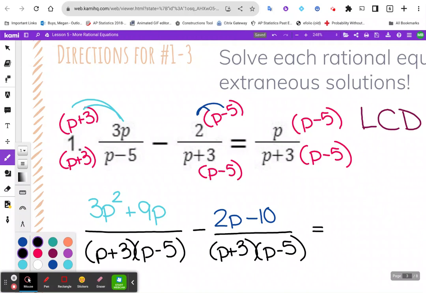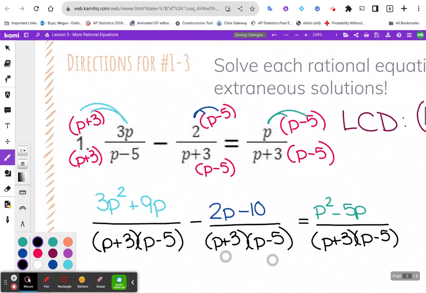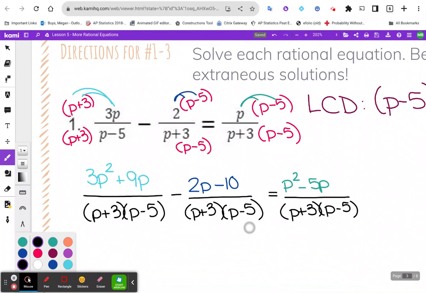And it's going to equal p squared minus 5p as my numerator with a p plus 3 and a p minus 5. Now remember, we're not simplifying in this case. Since we are not simplifying, I do not need my denominator in this case.